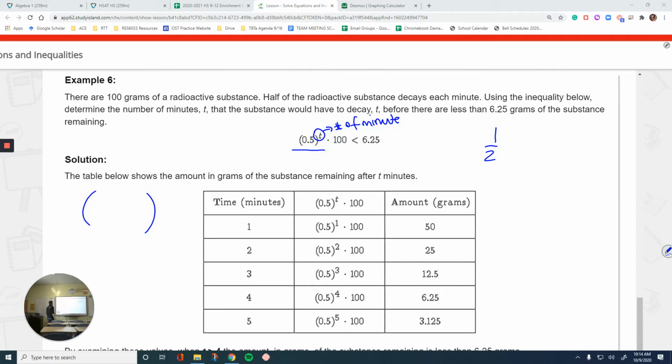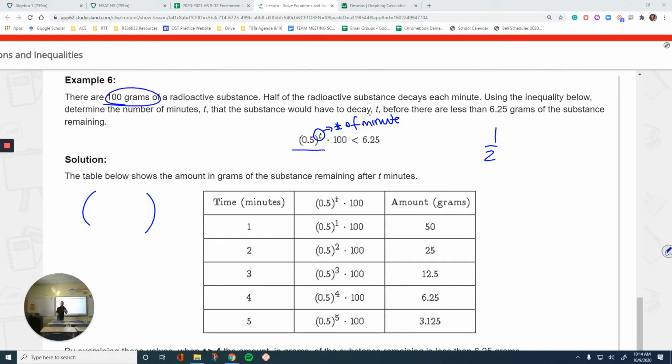Using the inequality below, determine the number of minutes, or T, that the substance would have to decay before there are less than 6.25 grams of substance remaining. So I don't have that much space right now. I'm going to use this given table over here. So let's say we have 100 grams initially, right?